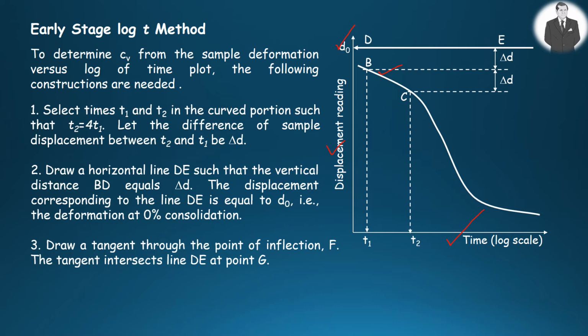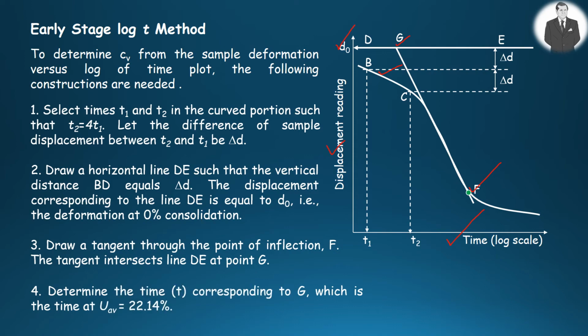In the third step, draw a tangent through point F as shown. The tangent intersects the line DE at point G. And finally, determine the time corresponding to point G, which is the time at 22.14% consolidation.